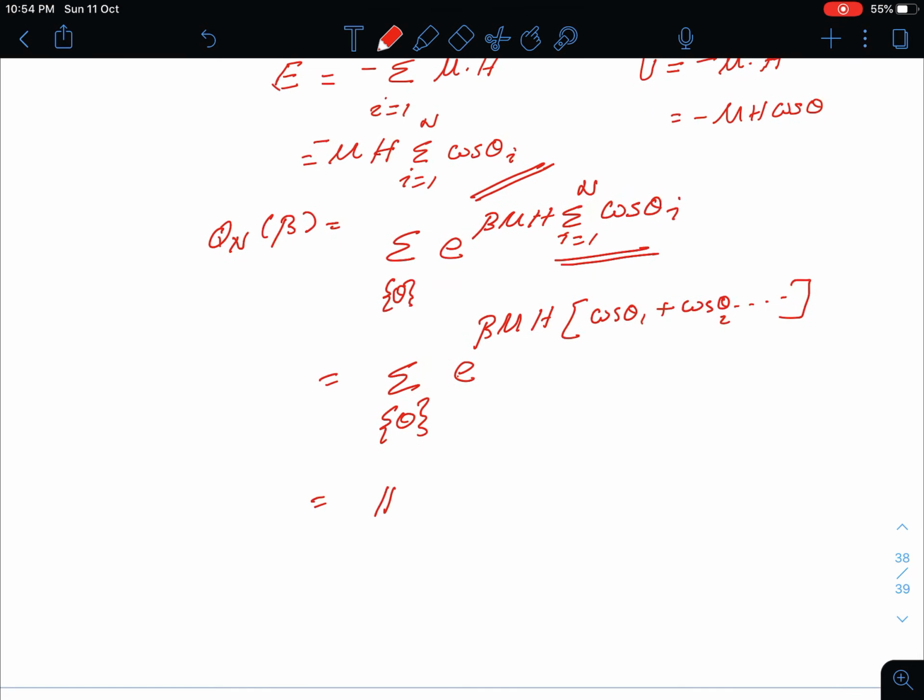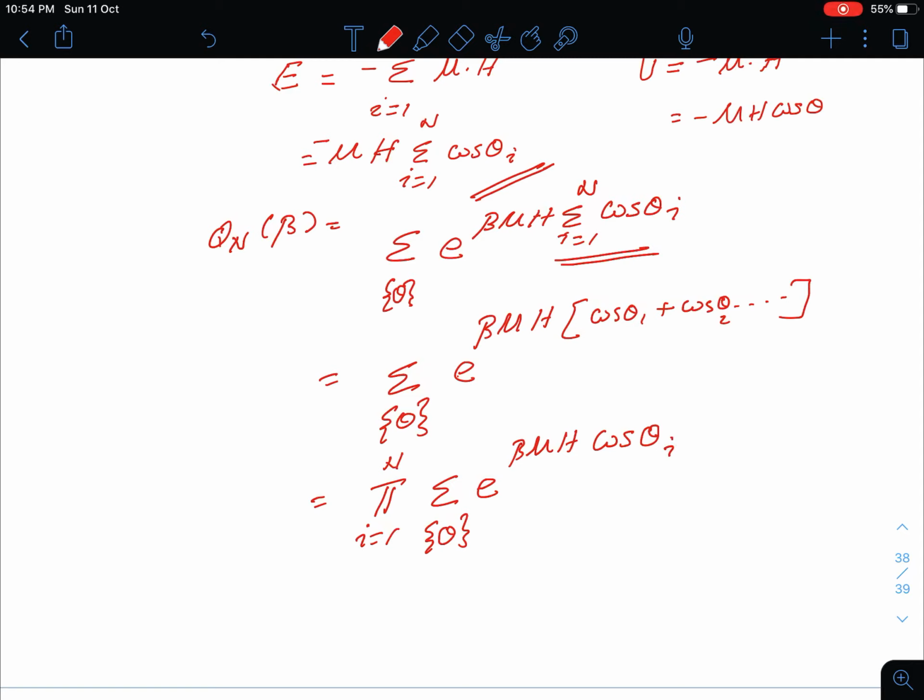I can now write this as the product over i equal to 1 to n of sigma over theta of e raised to beta mu H cos theta.